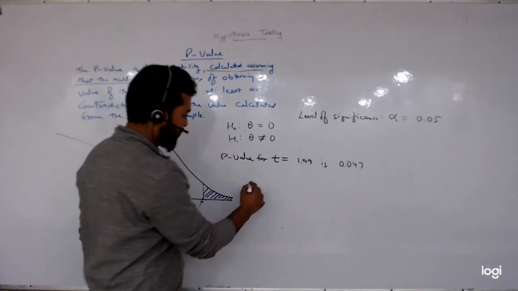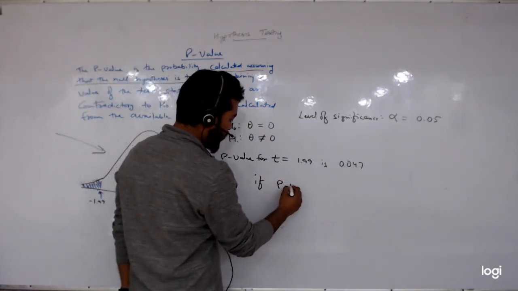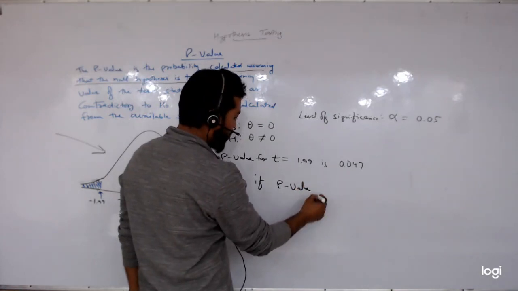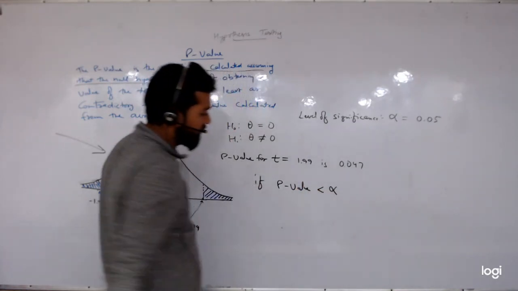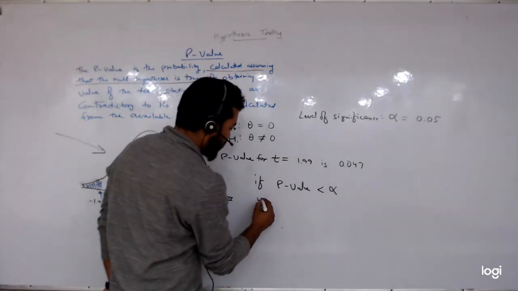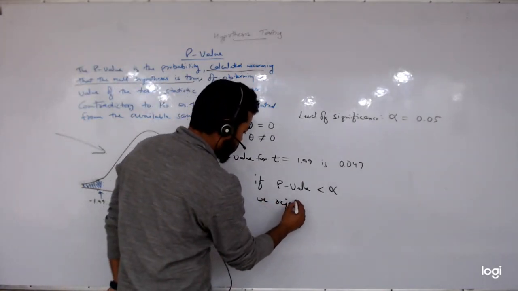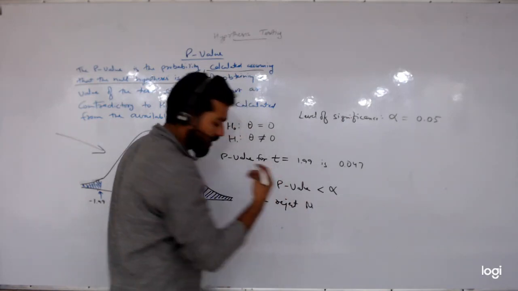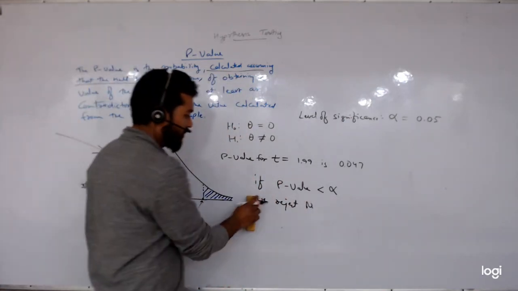Now if the p-value is less than alpha, what do we do? We reject the null hypothesis. And we shouldn't be saying we reject.